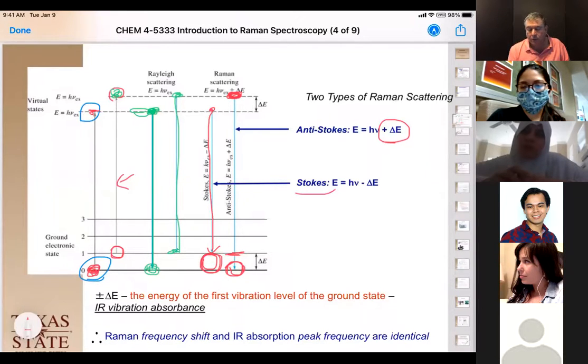And we call that a Stokes shift. So we have two possibilities here, but statistics is running against us in being able to see these things.